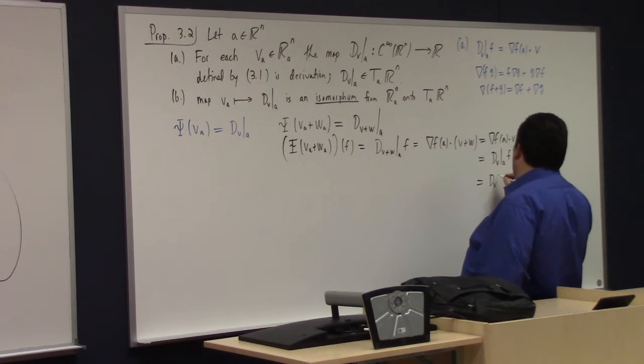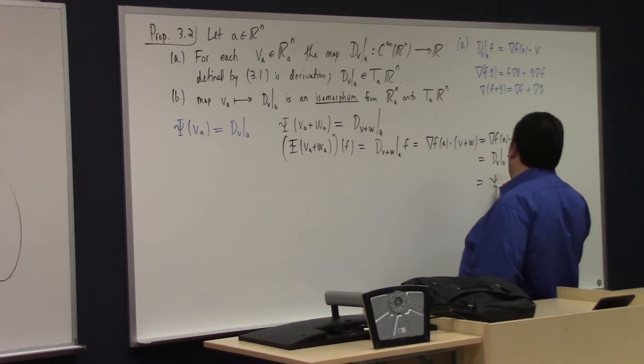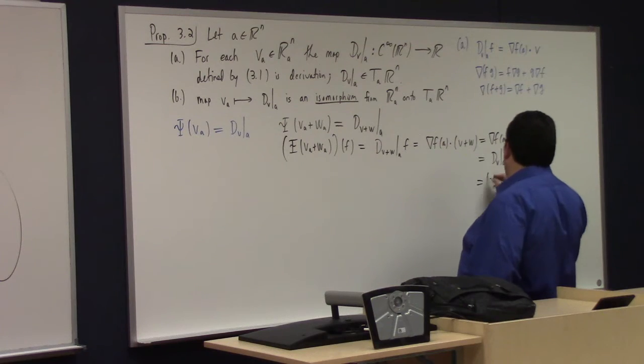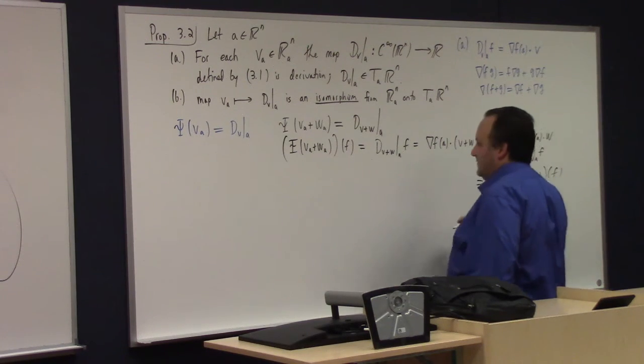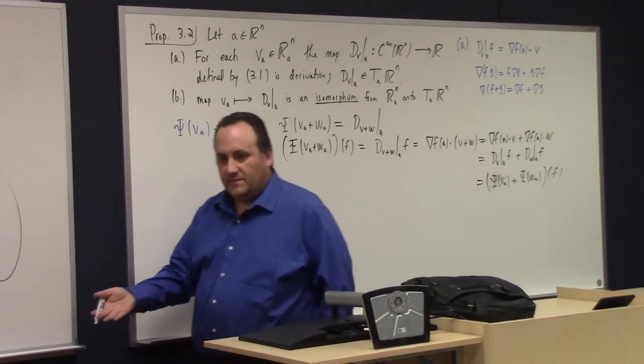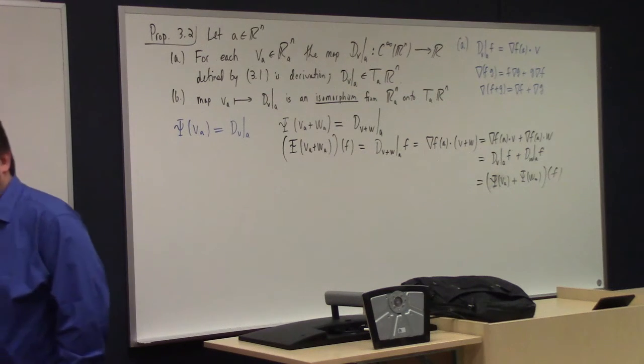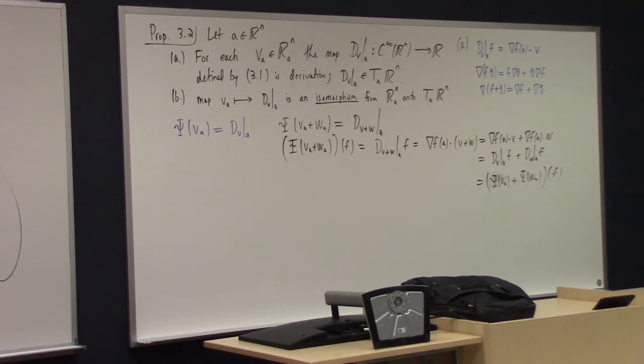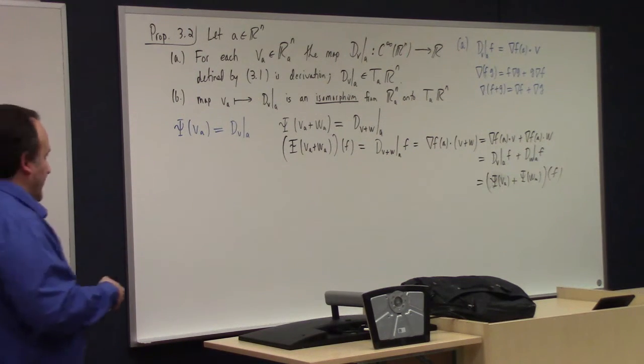Which is dV, which in short is psi of V_A plus psi of W_A acting on f. But this holds for all f, therefore psi is in fact a linear map. Okay? So it's linear.